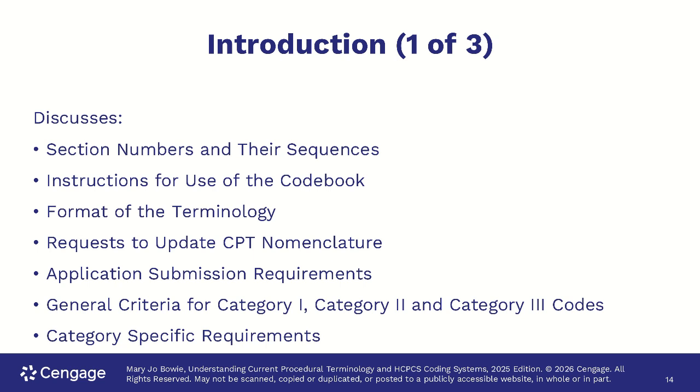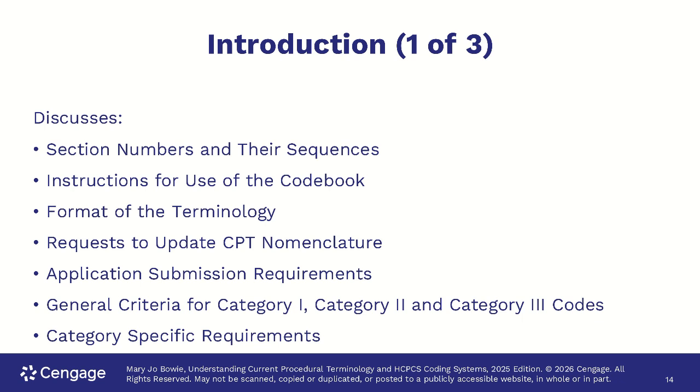All right, so the introduction to the manual itself, and I want to be very intentional with my wording. The introduction to the manual itself discusses some foundational information regarding the system. So it gives you the different sections, which you know what they are now.